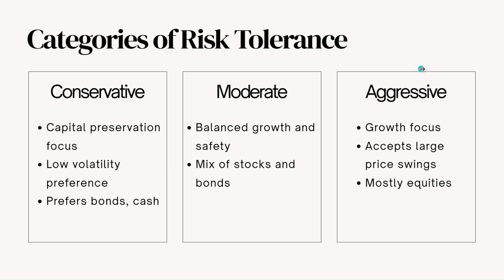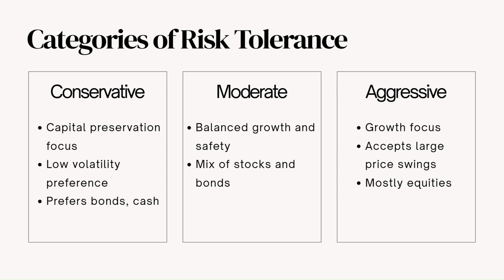Here we have the three categories of risk tolerance. So we have the more conservative type of investor, where they tend to focus on preserving their capital, meaning they try not to lose so much, and in this case they would go for low volatility securities like bonds or keeping it in cash. In the middle we have the more moderate investor, where they balance growth with safety.